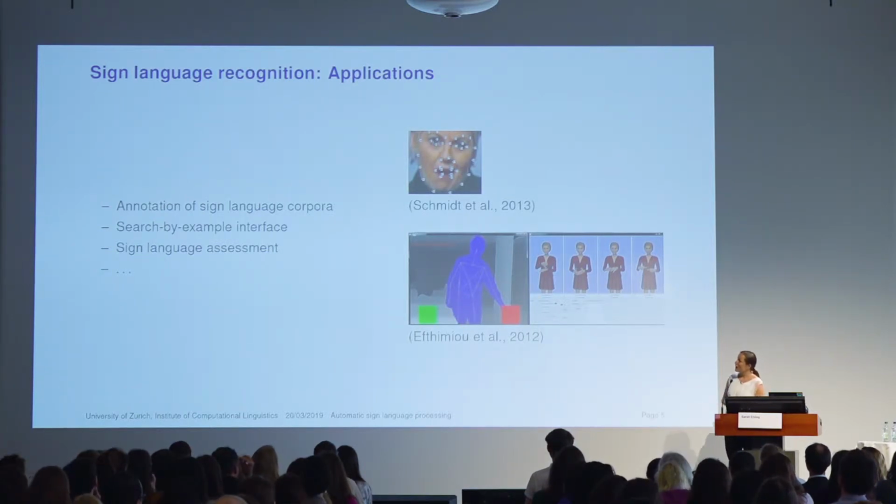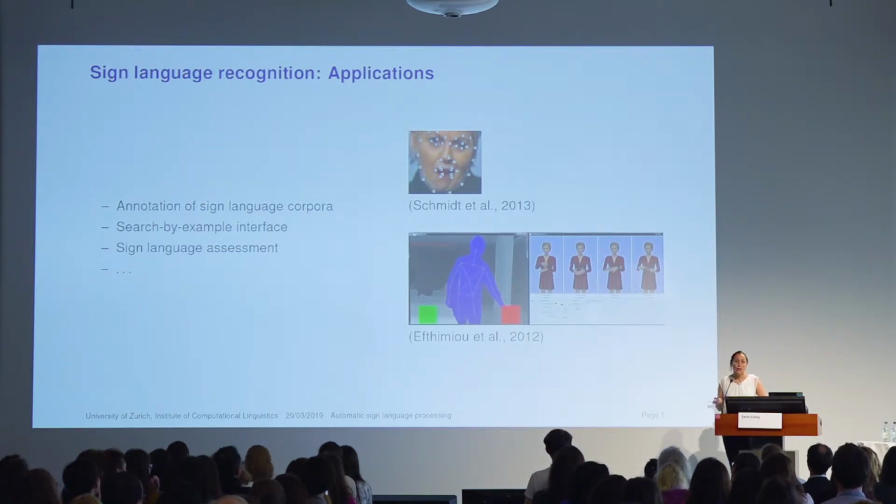And then we can use sign language recognition for something like a search by example interface. Think of the case where a user of a sign language lexicon wants to search for a certain sign, and then he or she can either do so by looking through a list of entries, sorted alphabetically, for example.